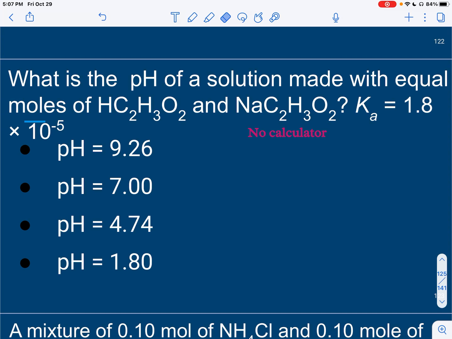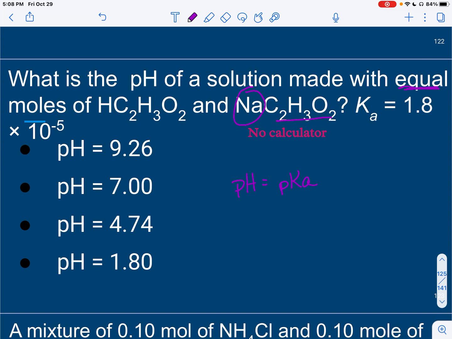What is the pH of a solution made with equal moles of acetic acid and acetate ion? Okay, so obviously this is attached to a spectator of Na, but it's acetate ion, its conjugate base. So when weak acid equals weak base, because we said equal moles, your pH is going to equal your pKa.